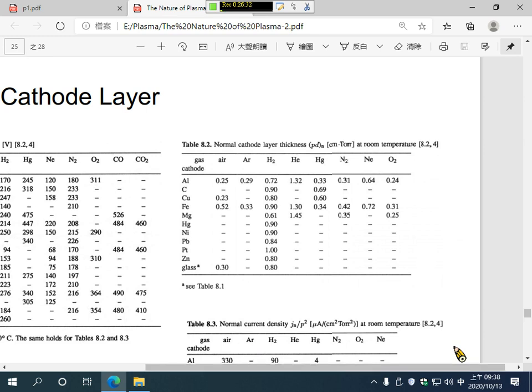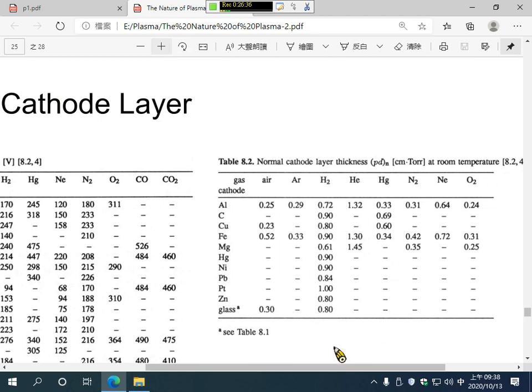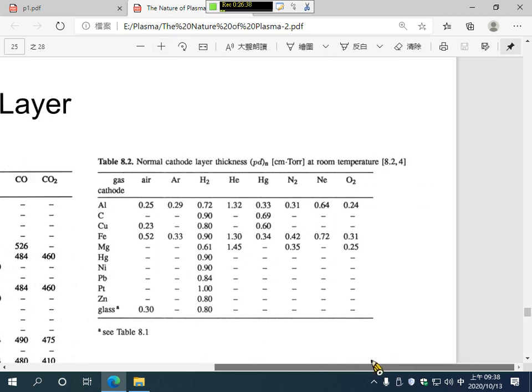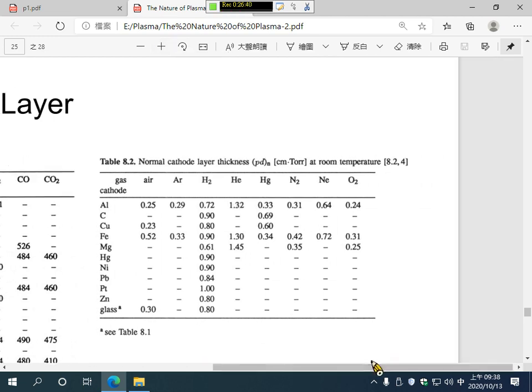And table A.2 shows the cathode layer thickness for the normal glow discharge. The unit for the cathode layer thickness is centimeter torr, right?